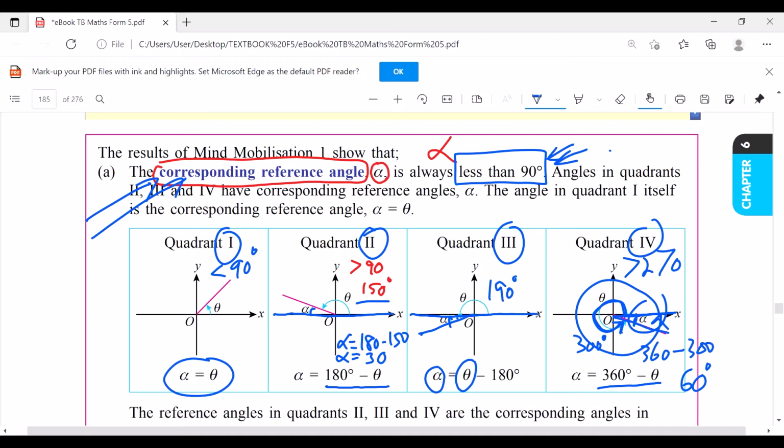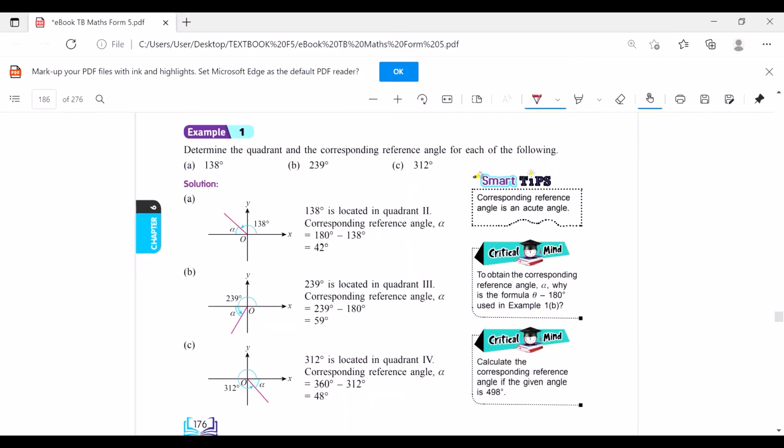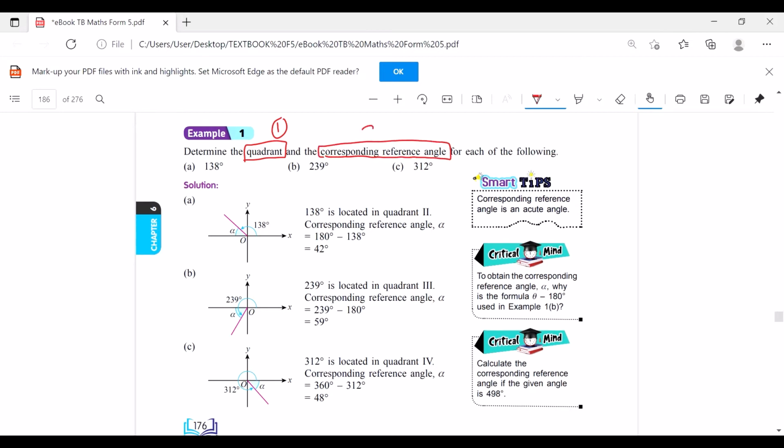Okay, look at example 1. Determine the quadrant and the corresponding reference angle for each of the following.